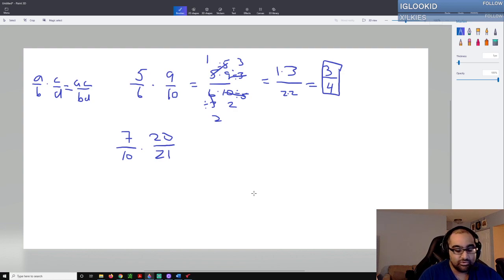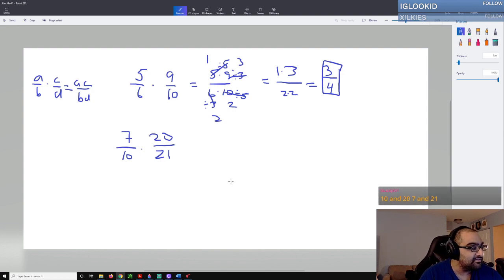Two numbers that have the same factor. 10 and 20, and 7 and 21. Okay, let's look at 10 and 20 first. So we have 20 on the top, we have 10 on the bottom. All right, what's something that we can divide out by, aka pare down?